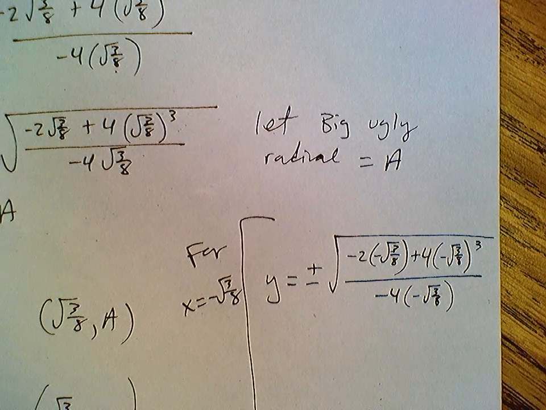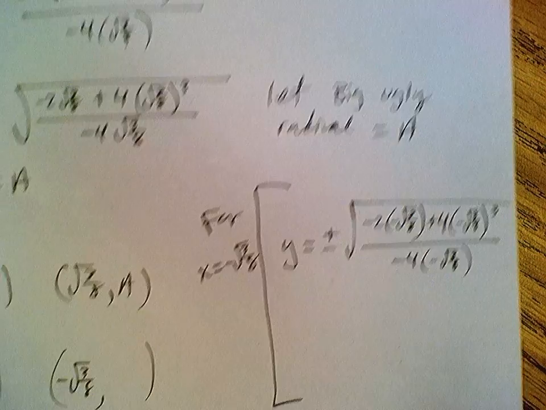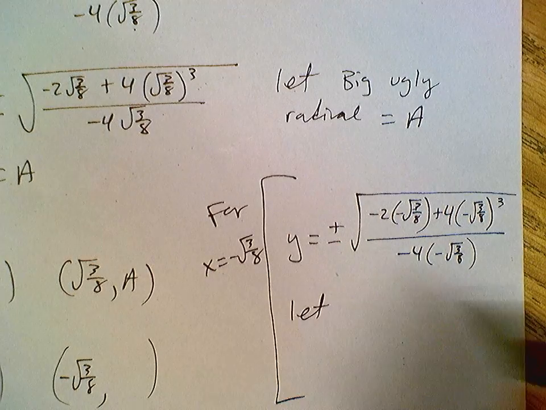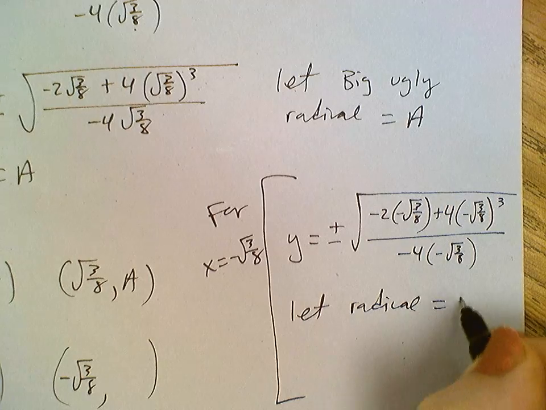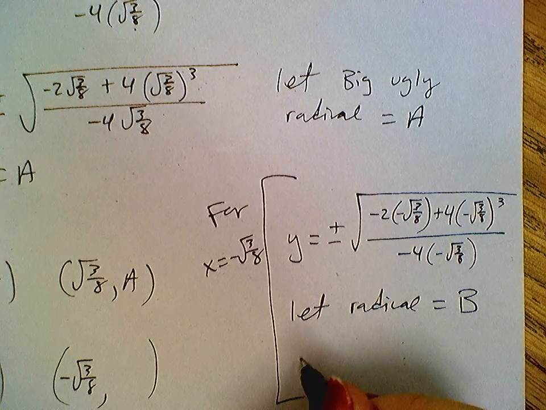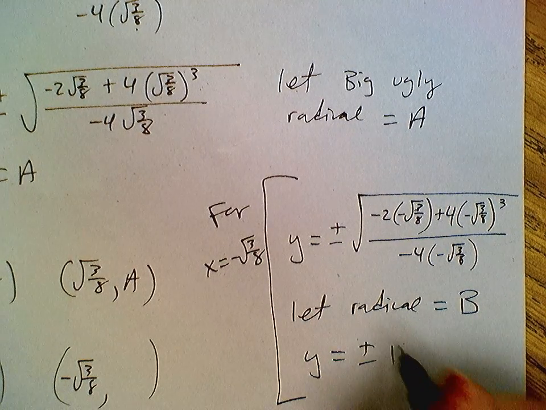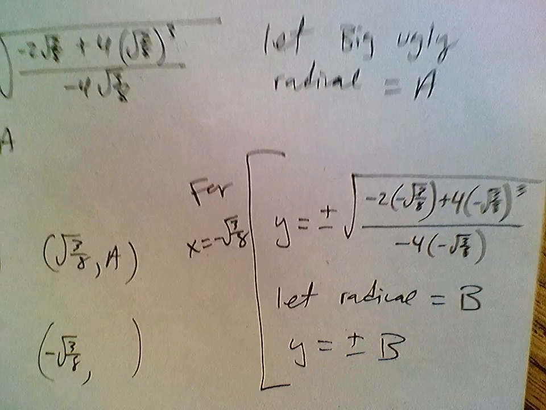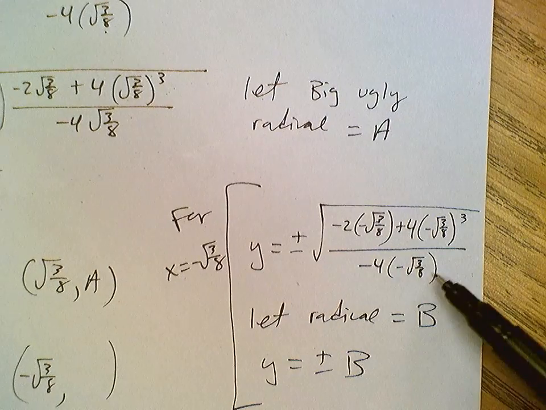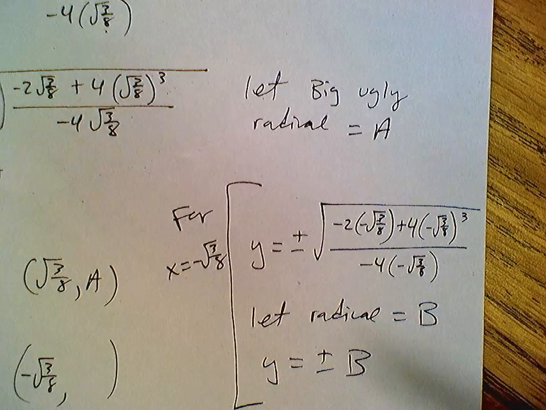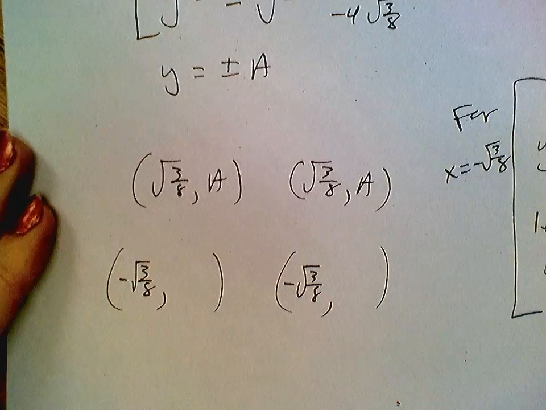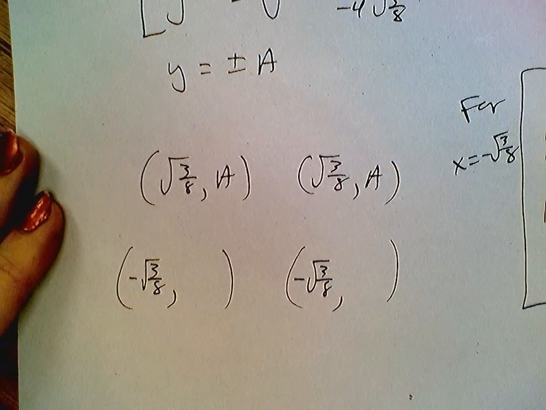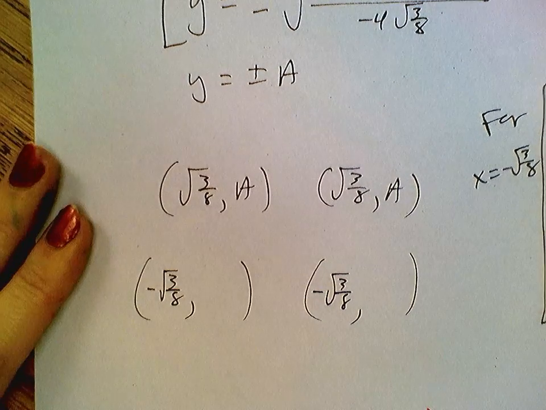Okay. And then I'll let this radical equal B, so we get that y is plus or minus B, which I bet you is the same as A, honestly. I think the negatives would just end up canceling. But I'm just being safe in case it's not symmetric, though I'm sure it is.